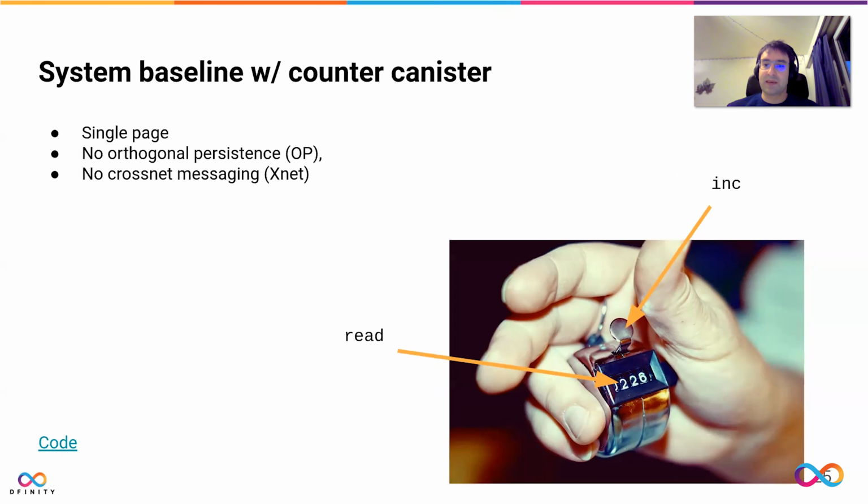So it's like a system baseline, essentially. This tells us how the system behaves independent of the canister, because we spend almost no time in the canister. And it's all on a single page. It doesn't do orthogonal persistence. It doesn't do any messaging or anything like that. It's really extremely simple, and that makes it so meaningful, because if something goes wrong here, it's easier for us to figure out where to start looking for the problem.